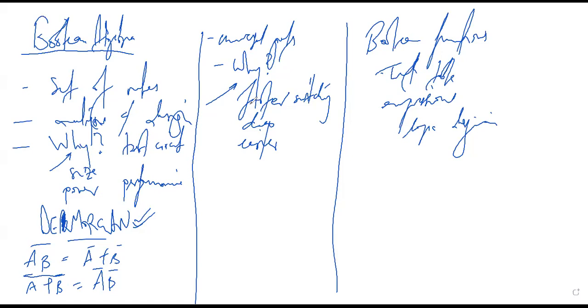We have two types of universal gates, the NAND and the NOR. How can you convert a given circuit to only use those two types of logic gates? You need to understand how to do that.